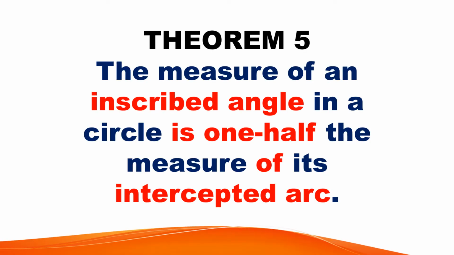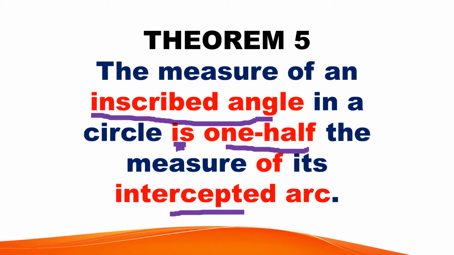Theorem number 5. The measure of an inscribed angle in a circle is 1/2 the measure of its intercepted arc. So, para mas madaling tandaan, yung inyong inscribed angle, inscribed angle is equal to 1/2 the measure of its intercepted arc.